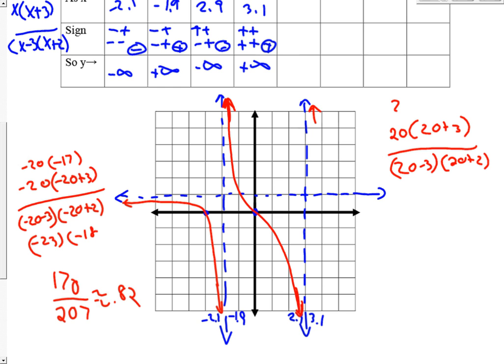So that's 20 times 23, and that's 17 times 22, which is approximately 1.29, which is greater than 1, so we know that we're going to stay above the horizontal asymptote, and there's our graph for that. All that for a graph.